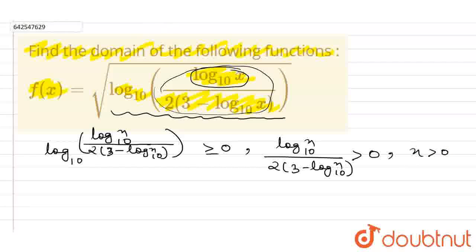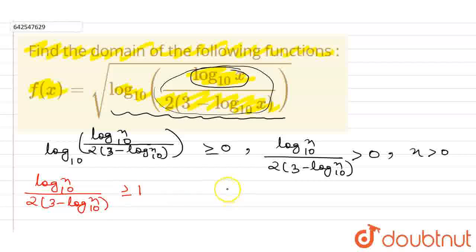So I have to solve this function separately. On taking antilog, log x to the base 10 upon 2 into (3 minus log x to the base 10) is greater than or equal to 1.